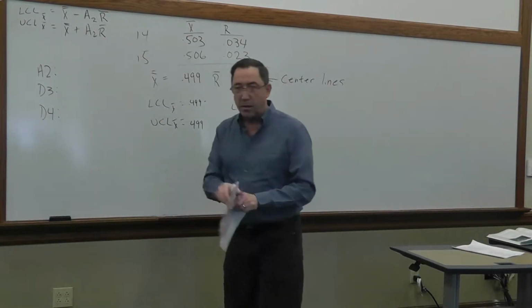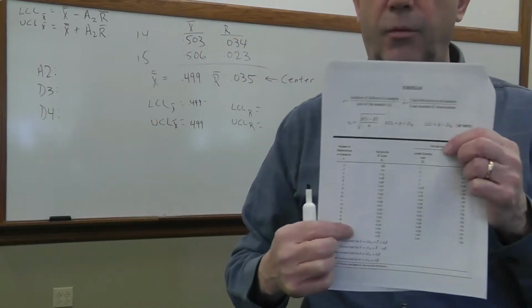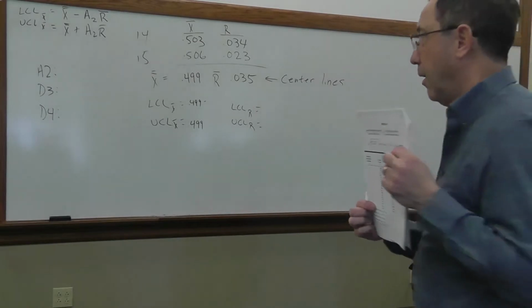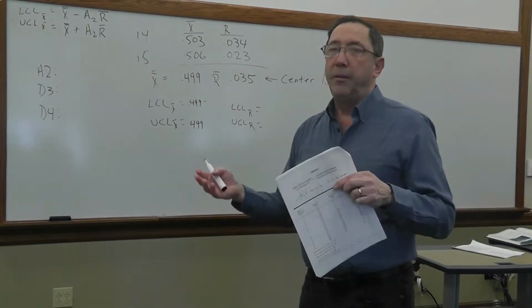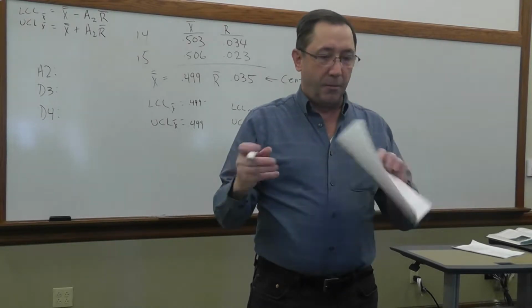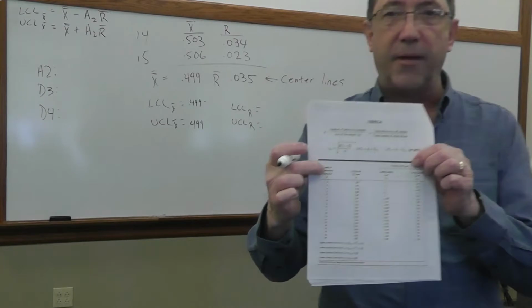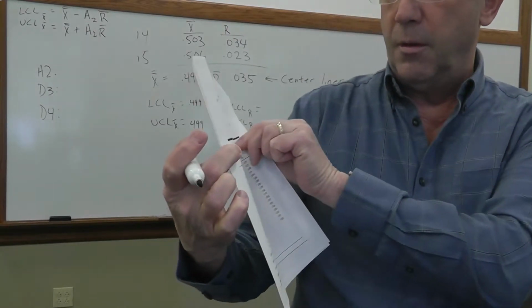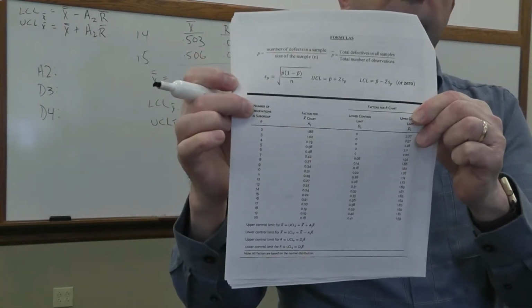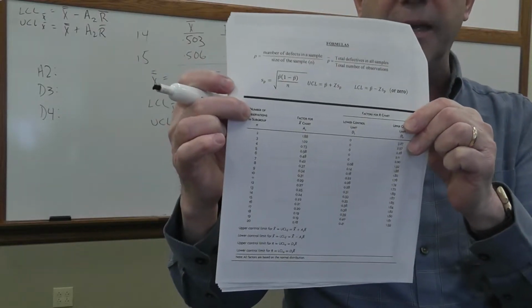So the trick is, you go to the table and you've got a column that's A2, and there's a whole bunch of A2s in there. Which one do you pick? This always trips up students one way or the other. You'll notice that the very first column says the number of observations in subgroup. That's a weird way of saying the number of items looked at in each sample.